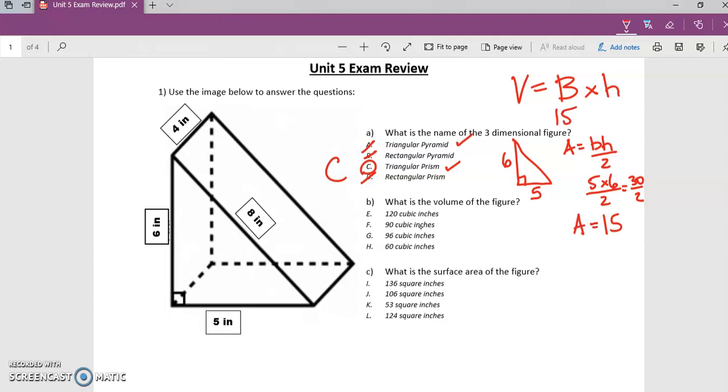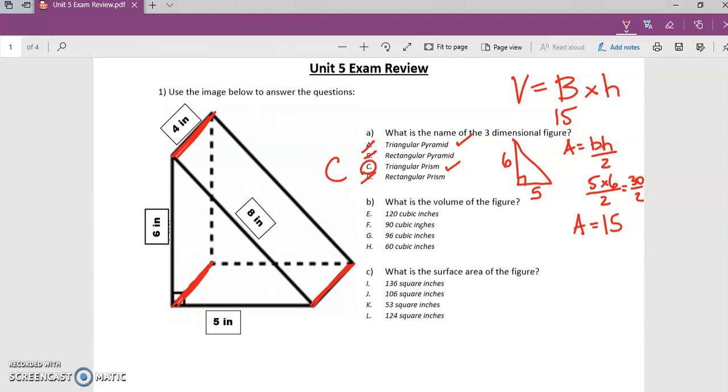Now I need to look for the height of the prism. And again, the height of the prism isn't the 6. It's not how tall this triangle is. The height of the prism is the connecting line. We're connecting two triangles to each other, and the connecting line is what I want as the height of the prism. It's like how wide or how far back the prism goes.